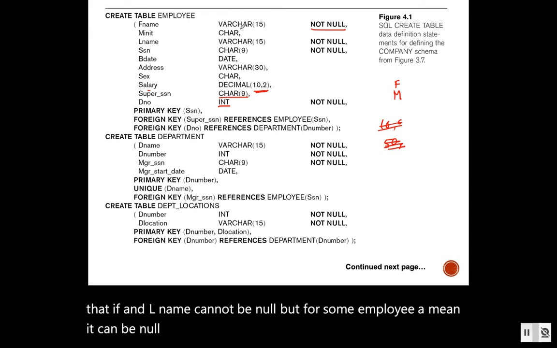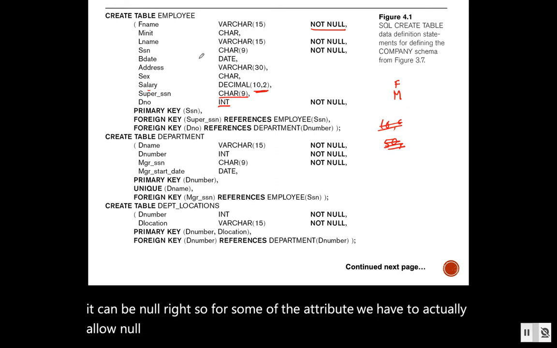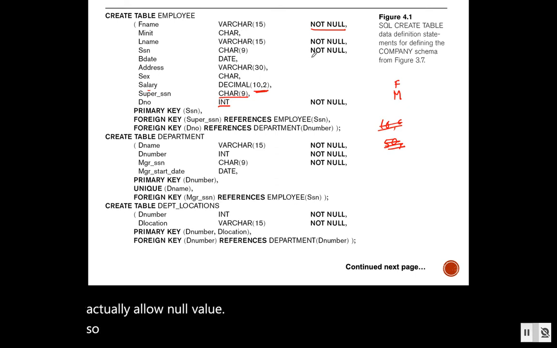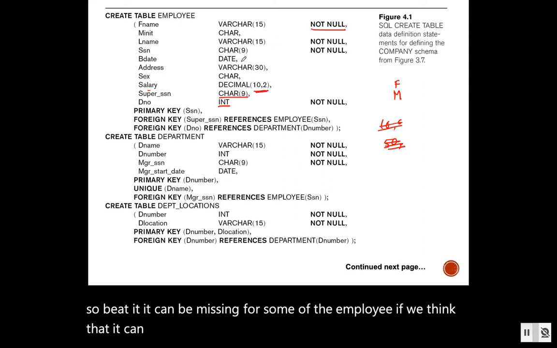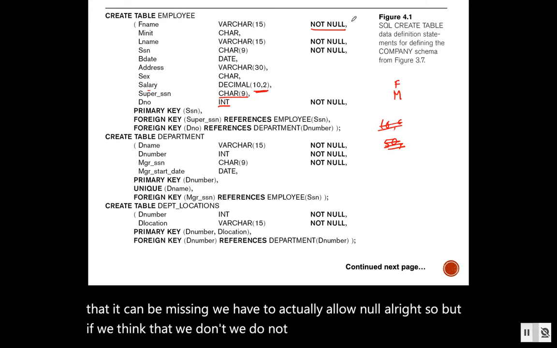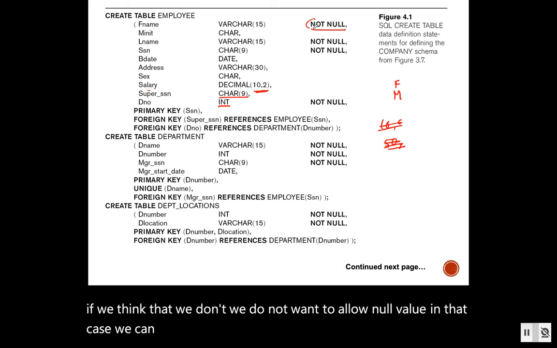So for some of the attributes we have to actually allow null values. All right. So bdate, it can be missing for some of the employees. If we think that it can be missing, we have to allow null. But if we do not want to allow null values, in that case we can specify the not null constraint.